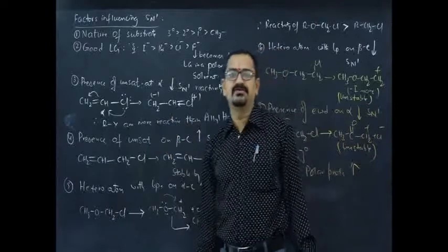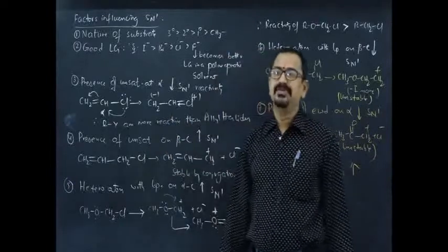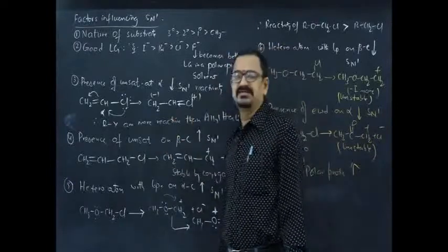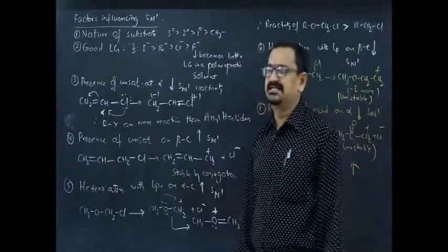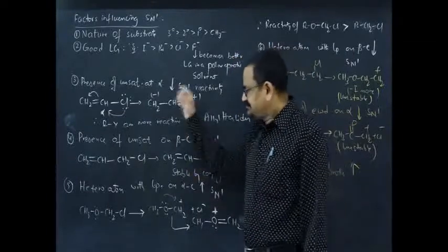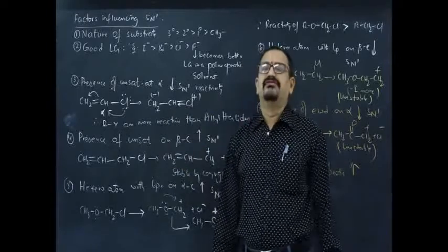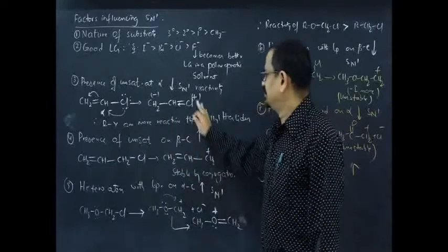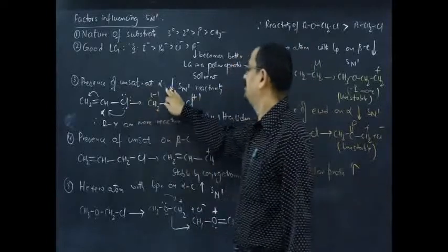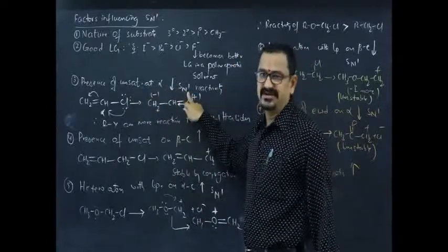Due to the partial double bond character, the bond gets strengthened and will not dissociate with expected ease. So, it is less reactive. As a stable carbocation cannot be formed, it is less prone to SN1 reactivity. Thus, presence of unsaturation at alpha carbon decreases SN1 reactivity.